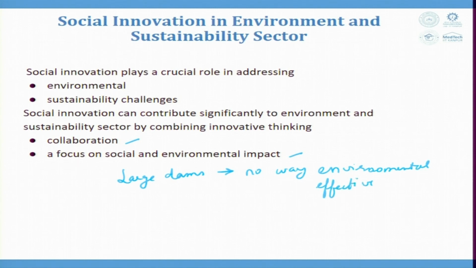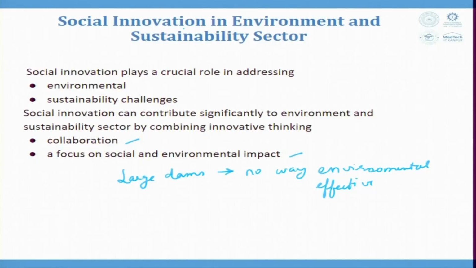That means to say you disturb the fauna and flora there and then you try to construct a dam for maybe betterment of trying to generate electricity, store water, whatever it is, but constructing a massive dam and moving people, affecting the biodiversity is not an acceptable solution. So, we are trying to look at small dams wherein you make multiple small dams and still try to get the same efficiency as in the massive dam. So, there people are looking for social innovations.